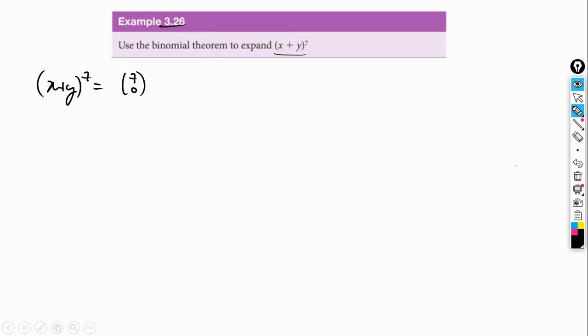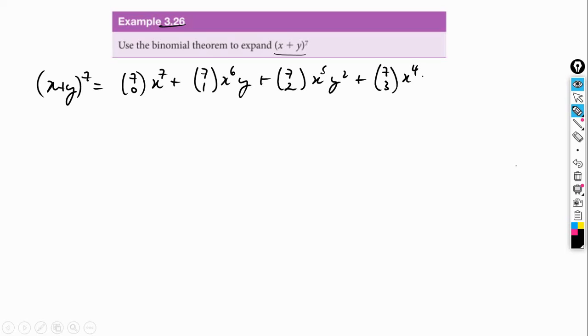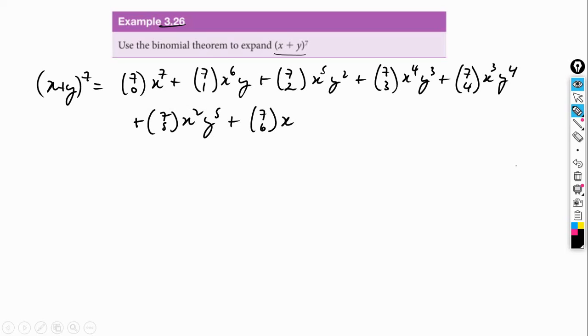So 7, 0, and then x to the 7, plus 7, 1, x to the 6, y to the 1, plus 7, 2, x to the 5, y squared, plus 7, 3, x to the 4, y cubed, plus 7, 4, x to the 3, y to the 4, and then 7, 5, x squared, y to the 5, plus 7, 6, x, y to the 6. And finally, 7, 7, and y to the 7.